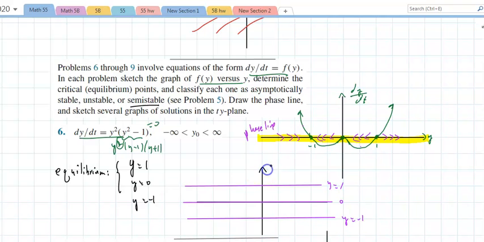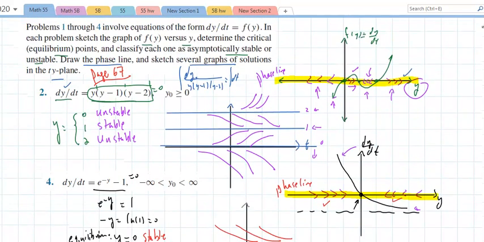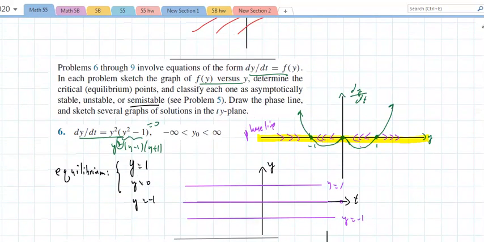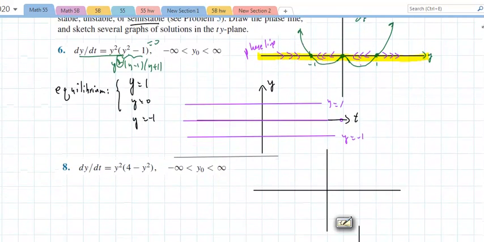This is the actual solution, y as a function of time. Well, if I glance at this, if I come from below, it's increasing. Let me use a different color here. Let's go with blue. It's increasing, so it looks something like this. And if I go between -1 and 0, it is decreasing, so something like this.